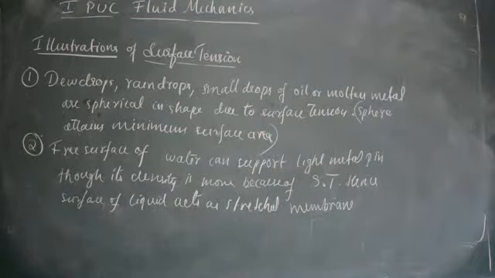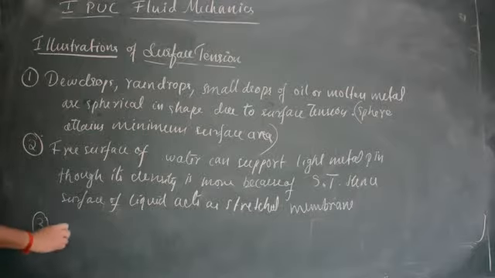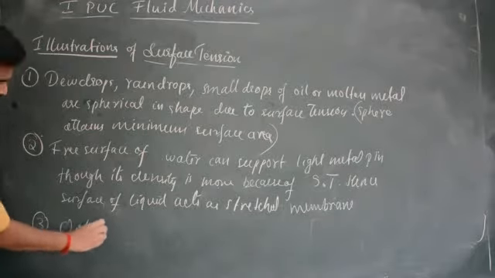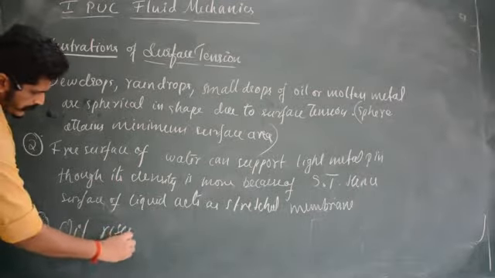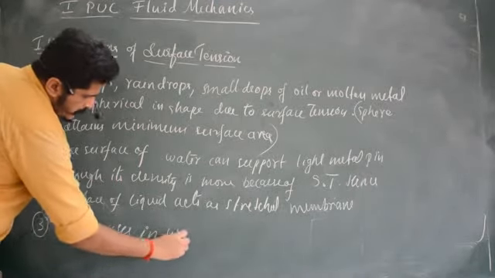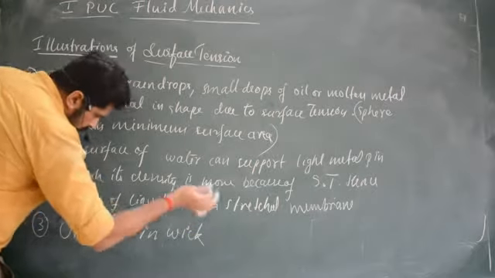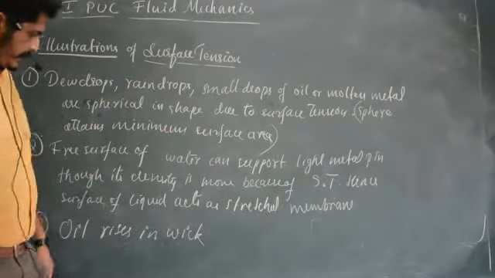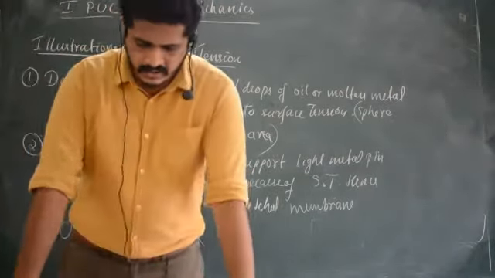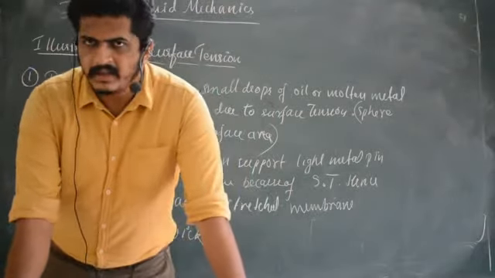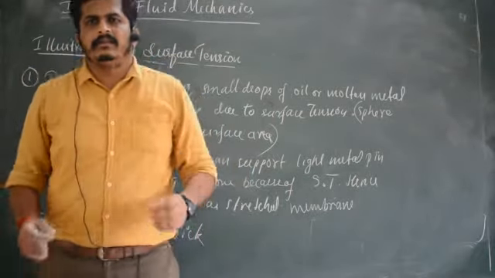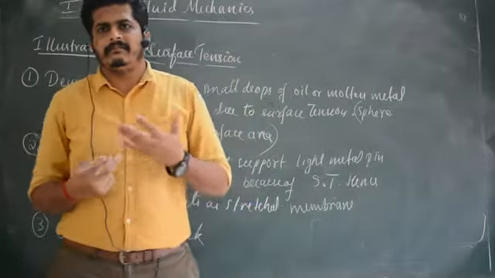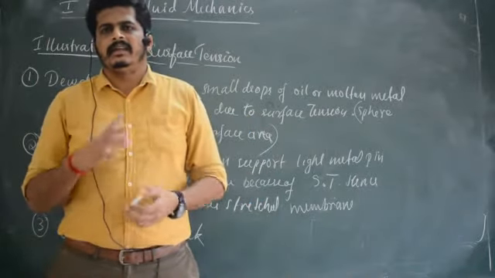So next, another of the best ones: oil rises in a wick. Yes, wick means batti, correct. Imagine a lamp, not the nowadays lamp with a rechargeable battery, but the olden-day lamp.